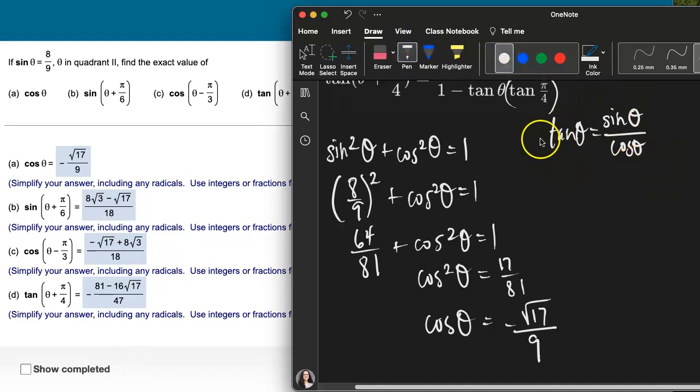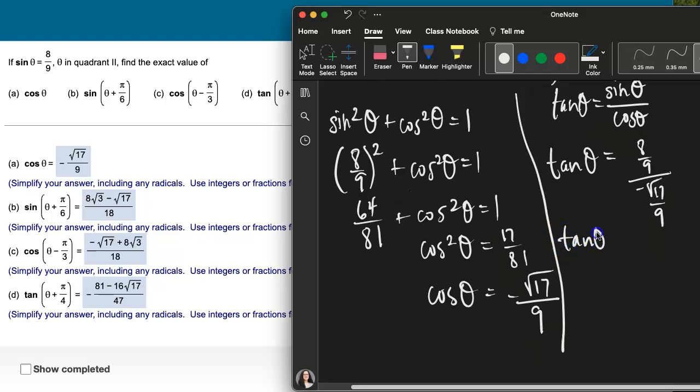So now, moving back to tangent of theta, that's what we were trying to go for by taking that side step. We know that sine of theta is 8/9. We know that cosine of theta, we just found that. And so let's simplify this. Now I do see a radical in the denominator.